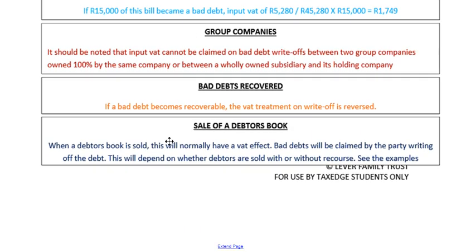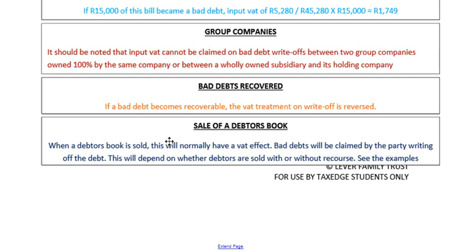And then just for sale of a debtor's book, guys, it depends on what's actually happening here. If you sell off a debtor's book, one of the requirements to claim a bad debt deduction is that it needs to be due to you and it must have been included in your gross income. It depends on whether you sell things without recourse, and whether it's your bad debt or not.